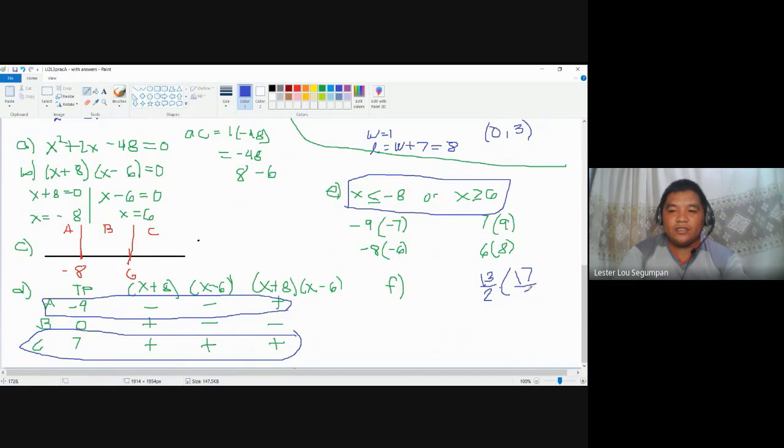17 halves. That's plus 2. So if we multiply that, what is it? 13 times 17: 17 times 13 is 221. So this is 221 over 2. 221 over 2 is more or less, what do you call that? How much is this?